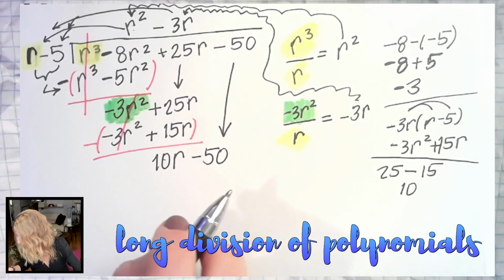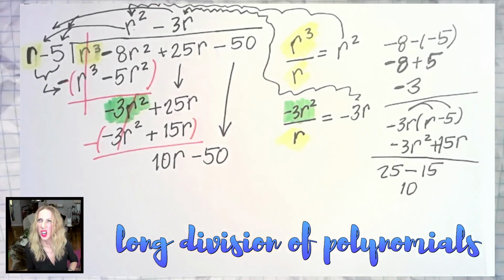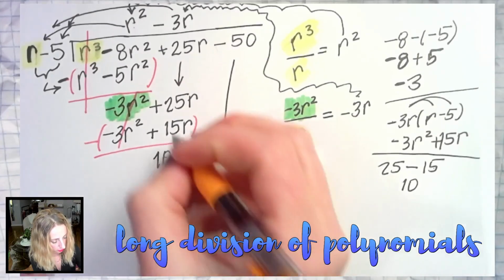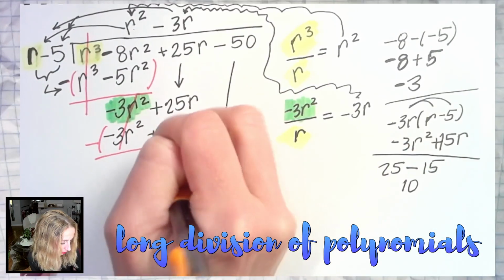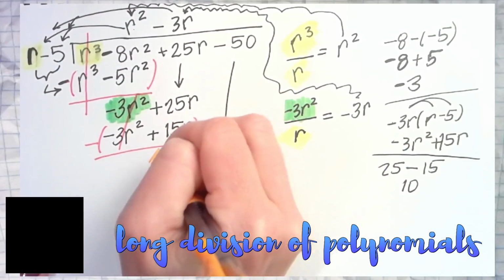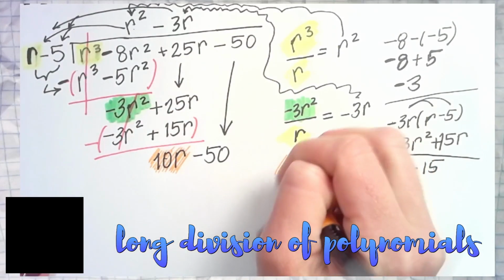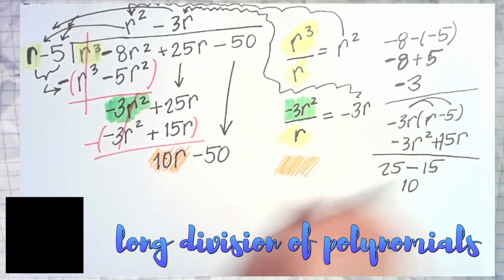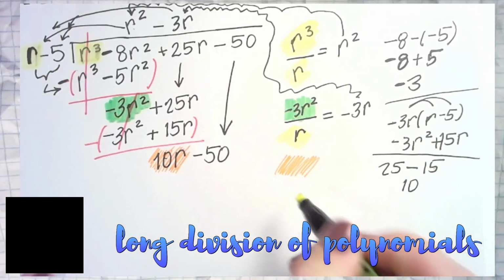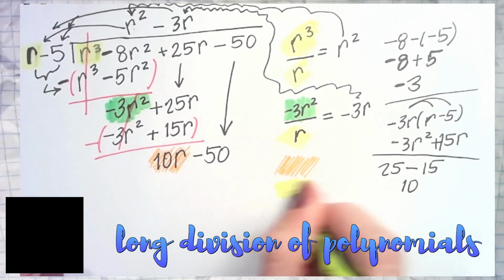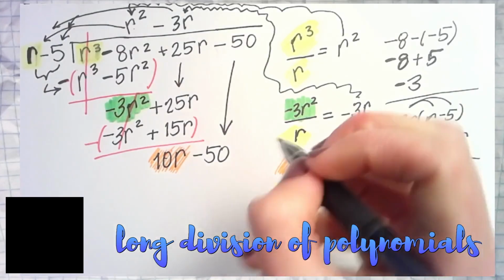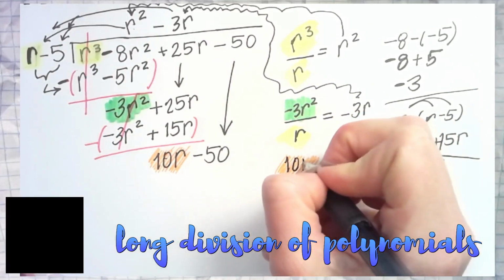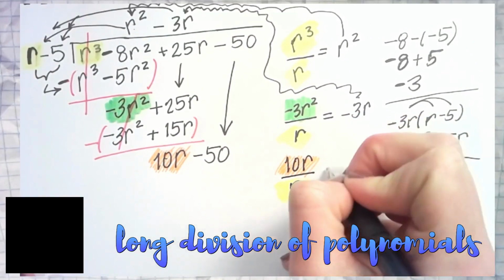So over here, I don't have another highlighter in front of me, but we'll use an orange pen, I guess. So we're going to take the positive 10r, and it's going to divide by r. 10r divided by r.